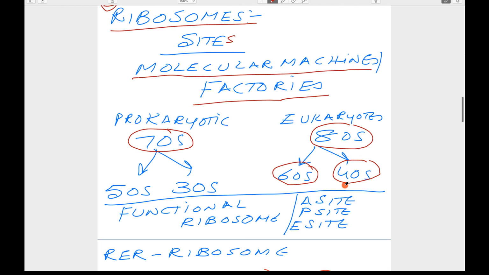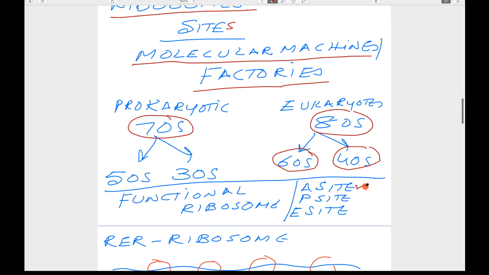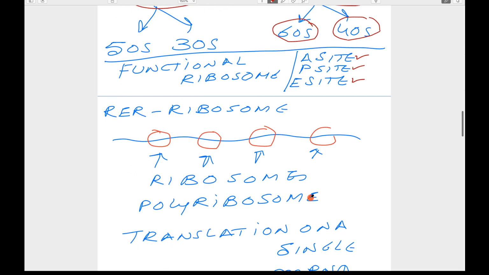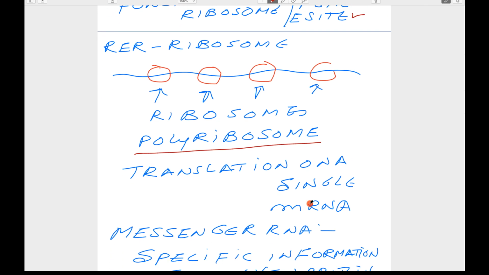A functional ribosome has 3 sites: A site, P site and E site. A site means aminoacyl site, P site means peptidyl site, E site means exit site. How the ribosomes are arranged on the rough endoplasmic reticulum, we have shown. It is called a polyribosome, so translation on a single messenger RNA can take place on many ribosomes.